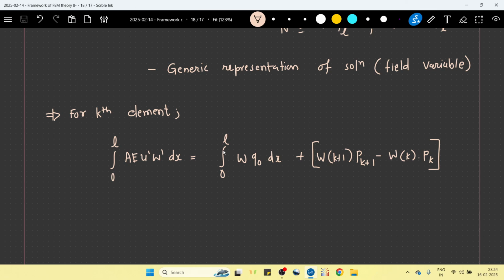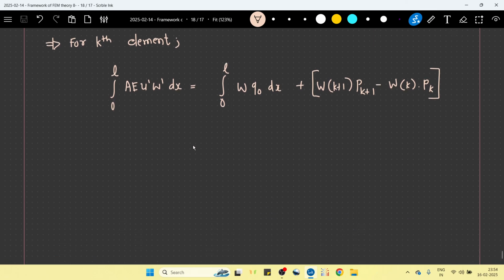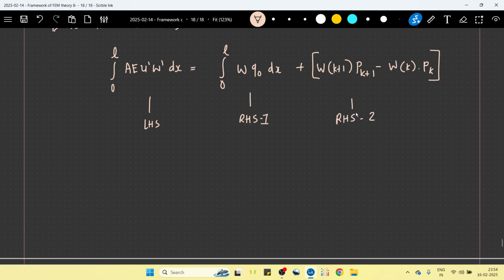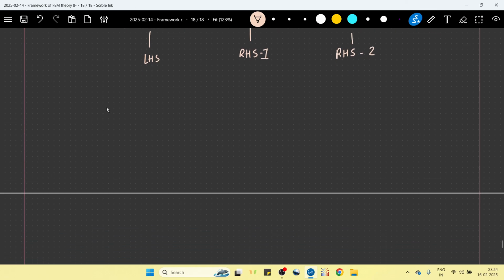We just want to get the general or final form of the equation. So let's take this as LHS, this as RHS 1, and this as RHS 2, the right hand side 2.